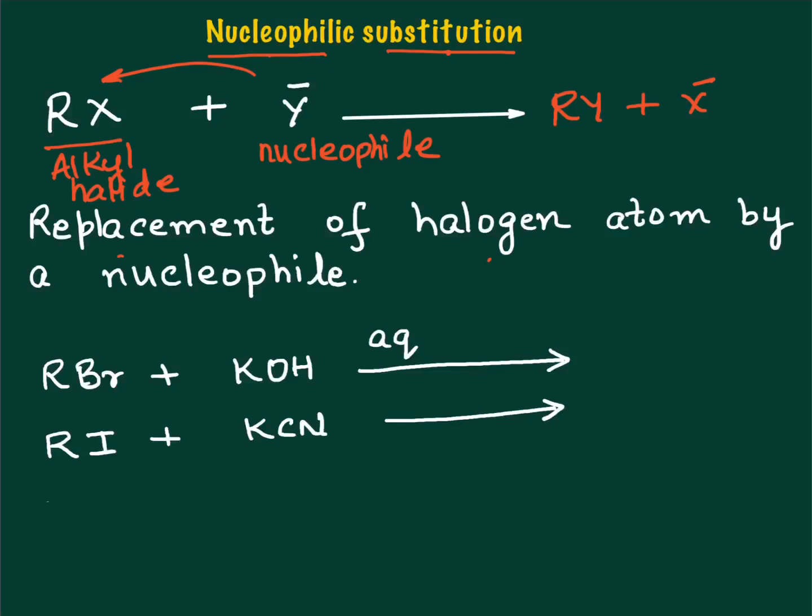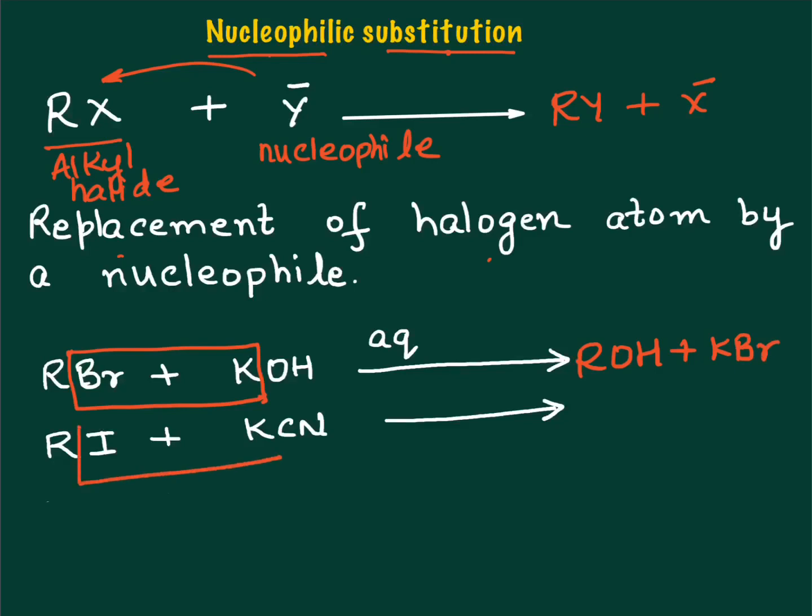For example, alkyl halide when reacted with aqueous KOH solution. So what we do is, again my favorite, we'll make boxes over here so that it's easier to understand, and at the same time it is easier to recall as well. Alkyl halide plus potassium cyanide.